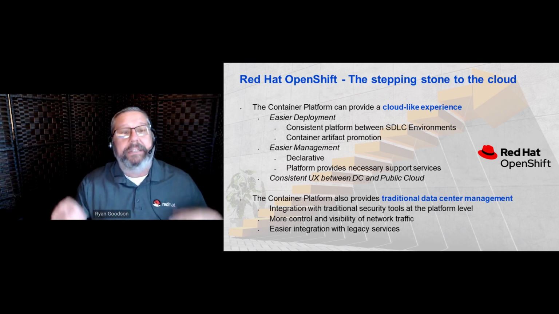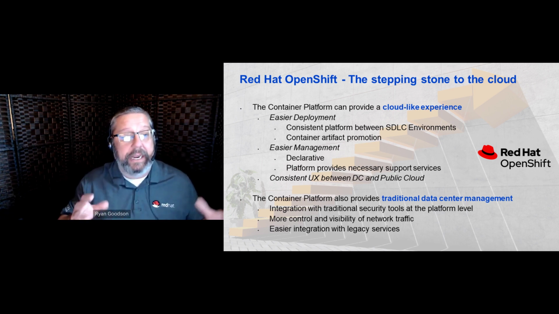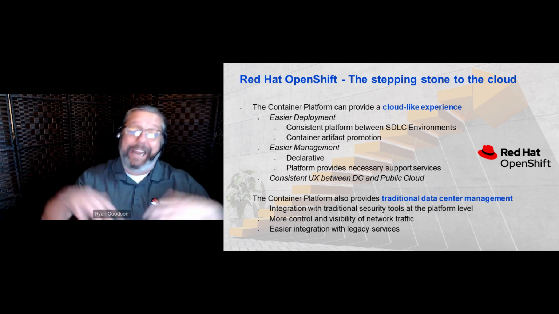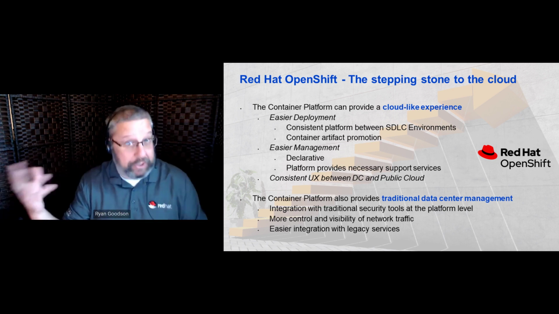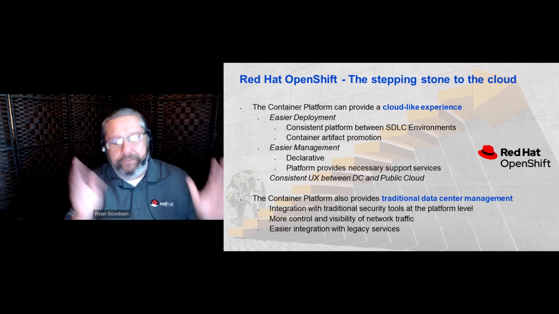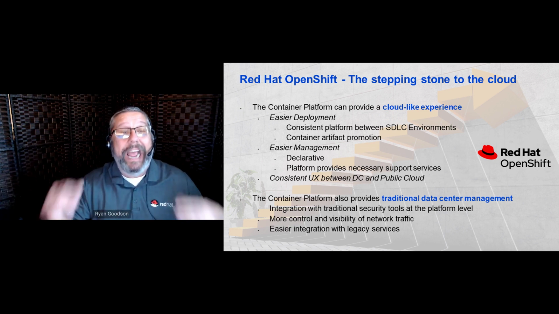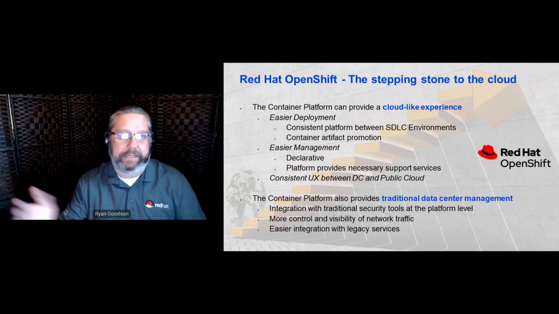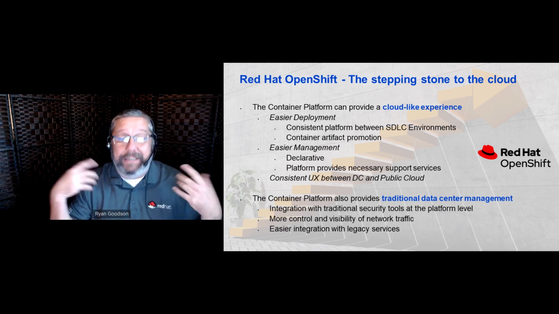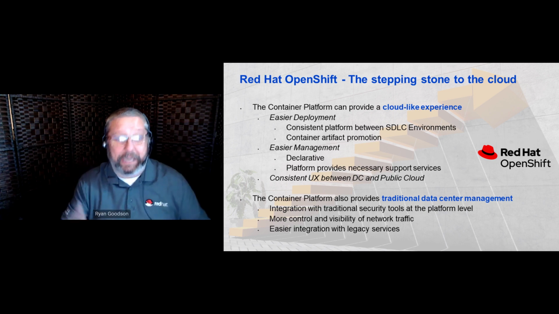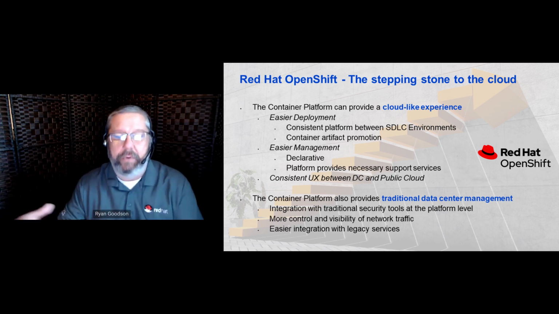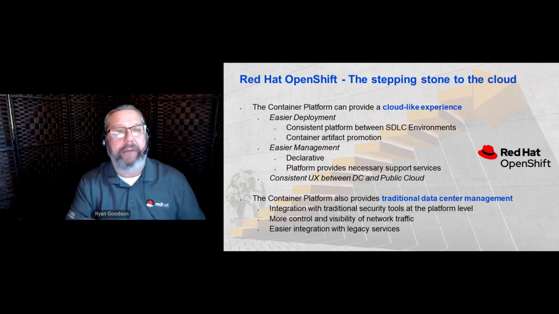So easier deployment, so make it easier for the application teams to be able to move across their environments by standardizing the platform and by leveraging containerization, being able to standardize the artifacts that are moving from dev to UAT to production. It allows a smoother transition into that production environment. It's also easier to manage because it's declarative from an application standpoint. You declare how you want your application to be deployed on the platform.